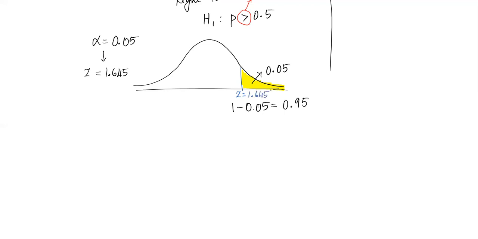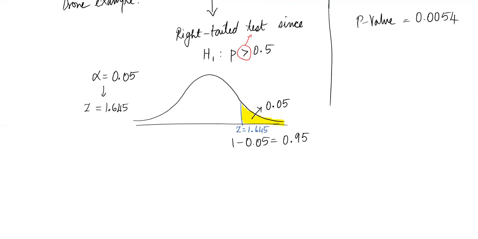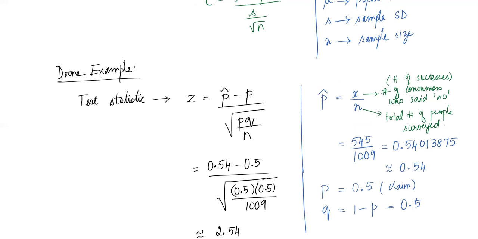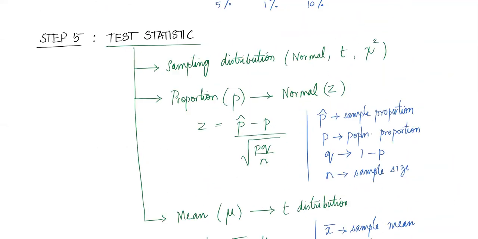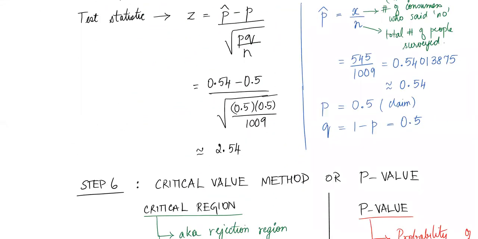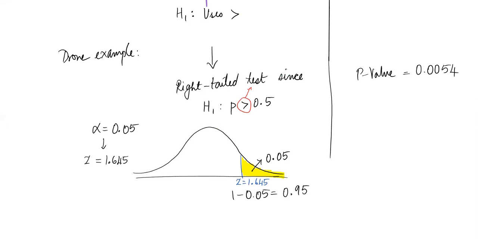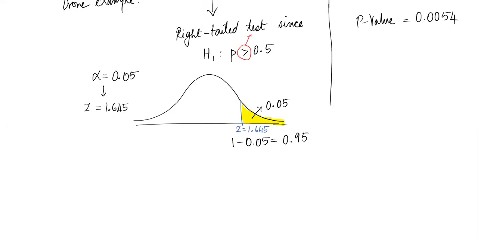And then the z that you got from step 5. The z we got from the drone example of step 5 was 2.54, and you have to see where this lands. In our graph, this is the 0, z equals 0. That's 1.645.